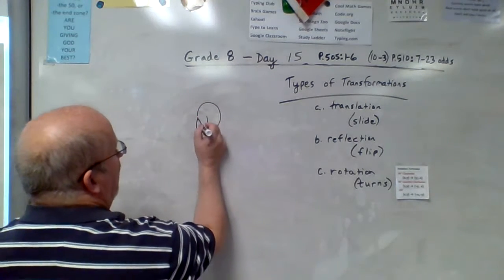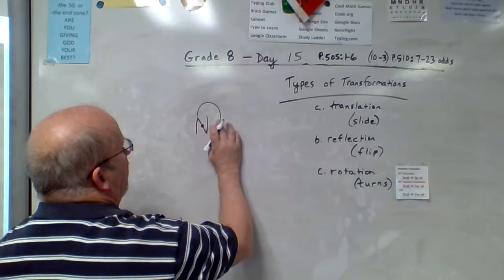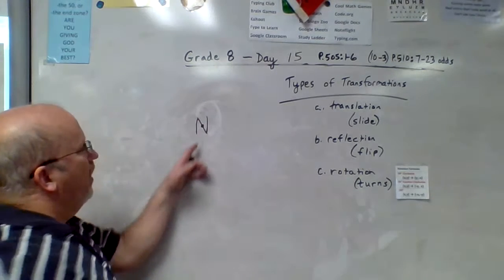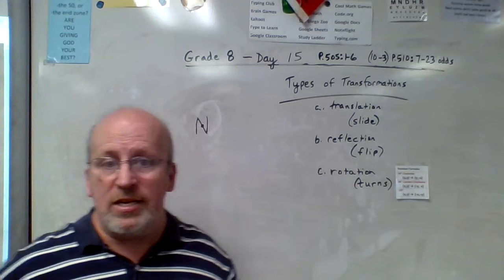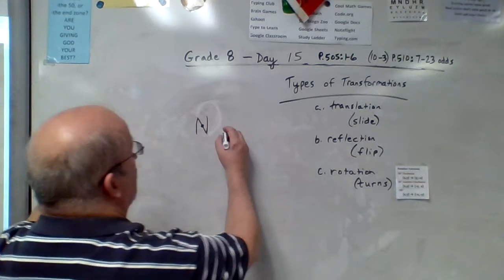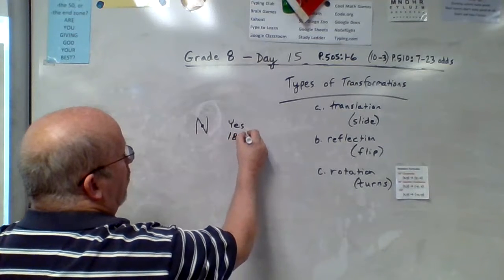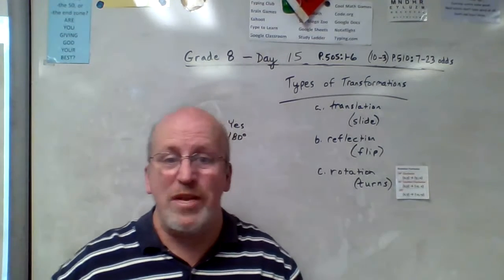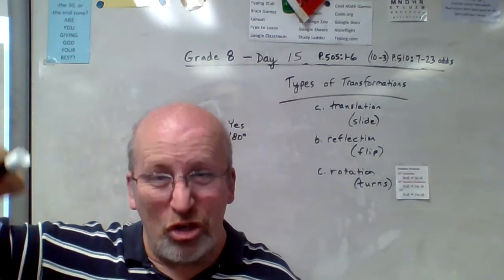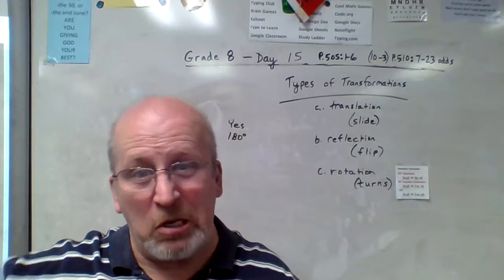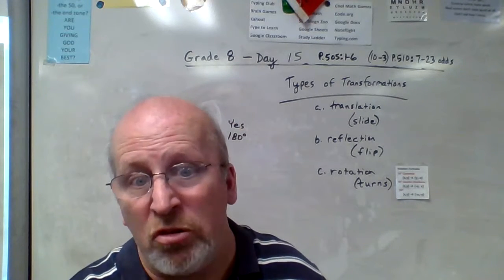We're pivoting it on a point that's in the middle of the letter. And in that case, the letter N does have rotational symmetry. So one would say, yes, it has rotational symmetry, and it has rotational symmetry of 180 degrees because you have to turn it 180 degrees to get it to look the same as it did originally.